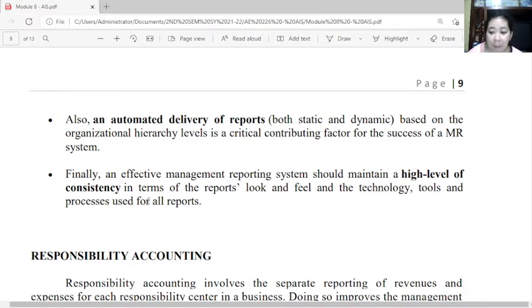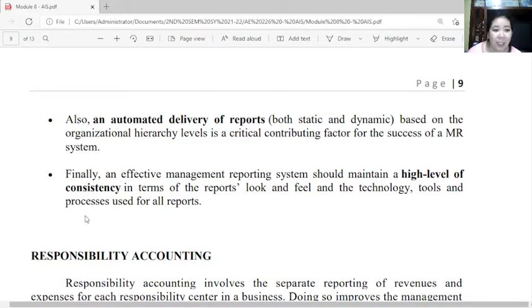So there is a possibility of risk of error or even fraud or manipulation. So it's very important that the organizational hierarchy levels, or the authorization and the controls implemented, should be effective.